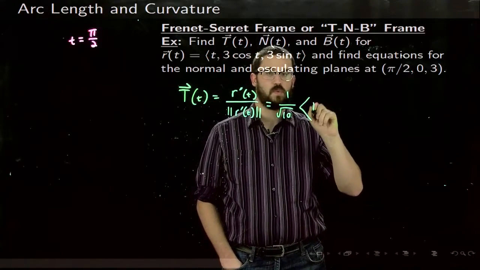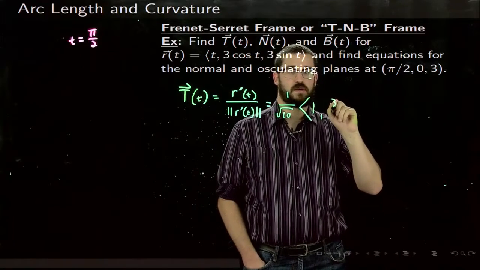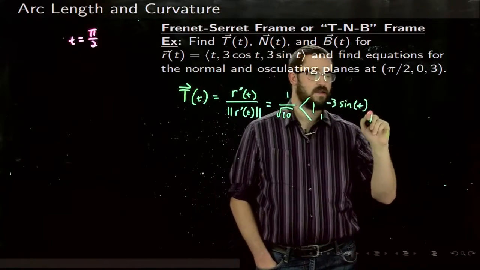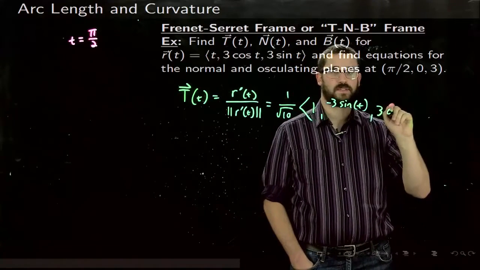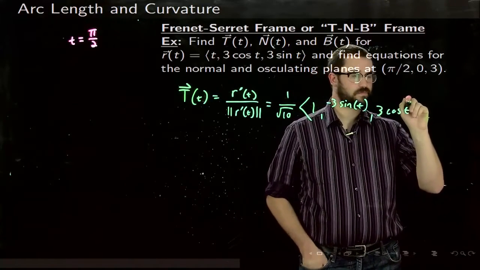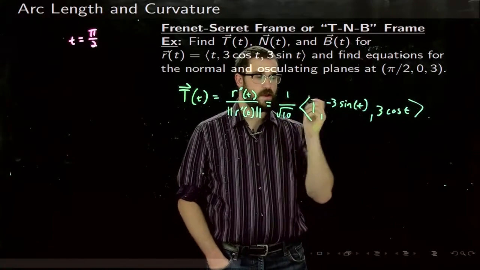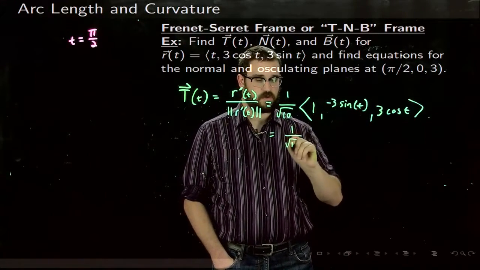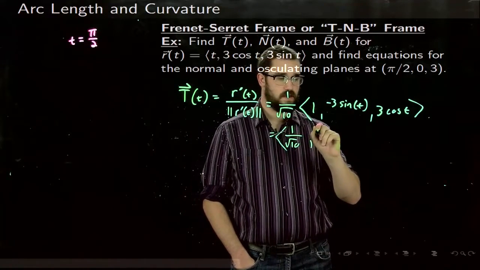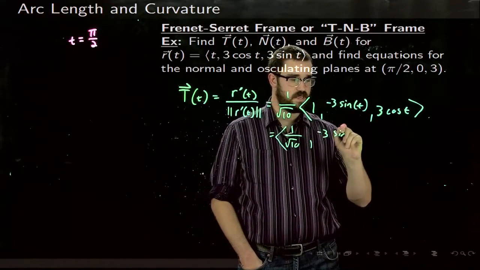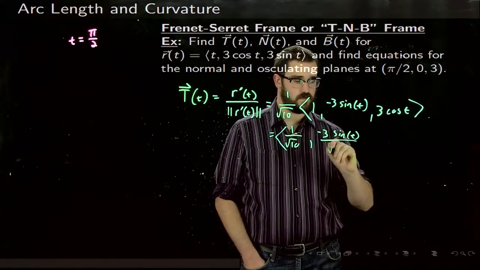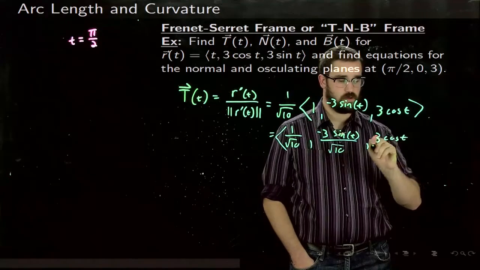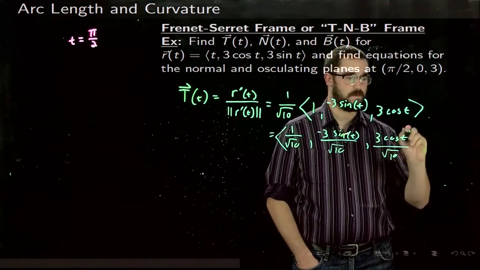It's just going to be 1, negative 3 sine of t, and 3 cosine of t. So we get our T value being 1 over square root of 10, negative 3 sine of t over square root of 10, and 3 cosine of t over the square root of 10.